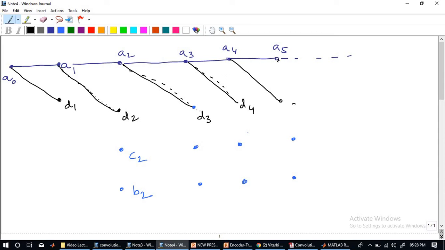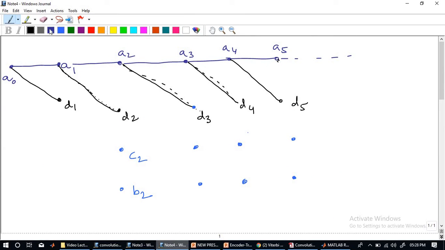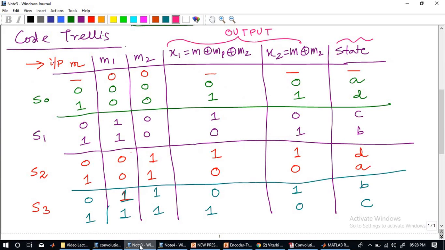This is where it should be. D5, like that it will go on. Now, as far as our table is concerned, D1, when 0 comes in, 0 means blue color. So maybe I'll take blue color, and it can go to which state? It can go to B.